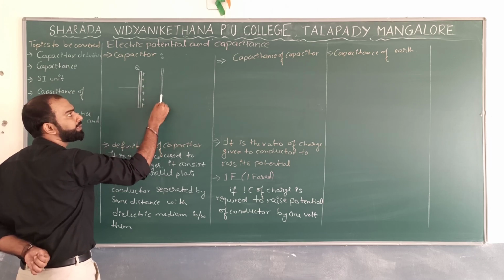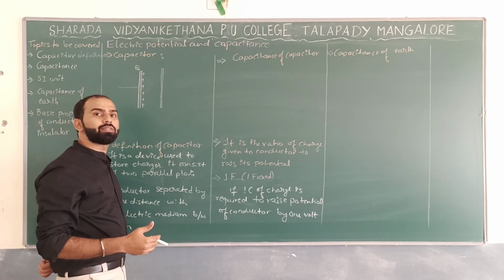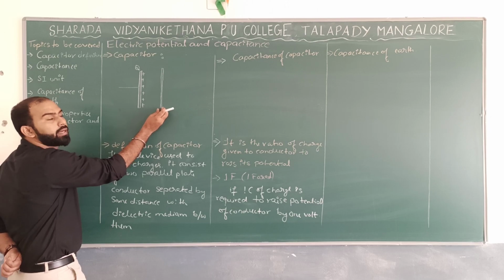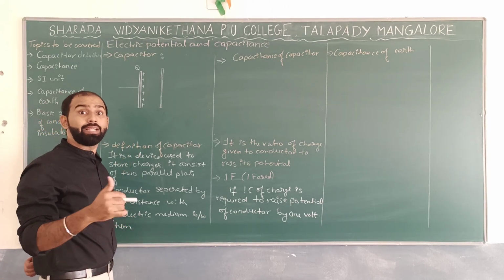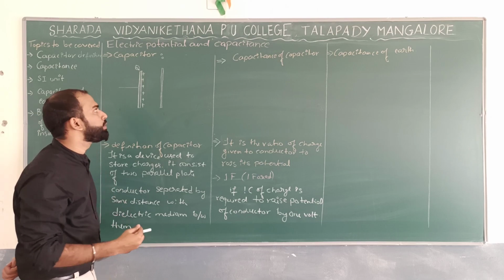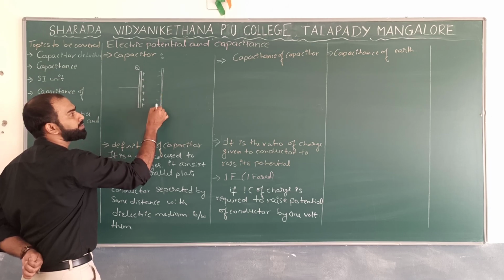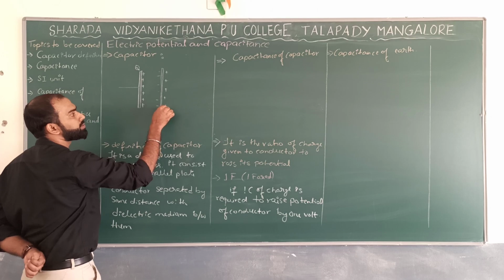You know the concept of induced charges. Redistribution of the charges will take place, so that all the negative charges occupy this surface and the positive charges occupy the other surface.